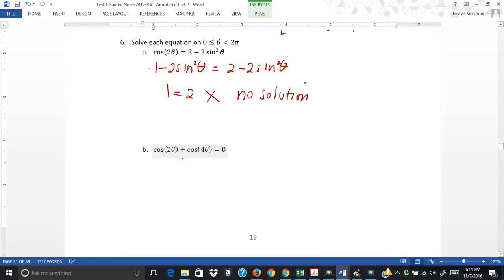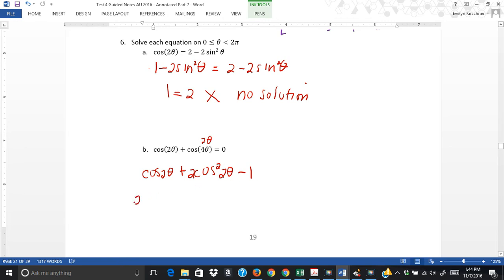Now let's look at this one. I have cosine 2 theta plus cosine 4 theta equals 0. Well, this is the same as cosine of 2 theta plus 2 cosine squared of 2 theta minus 1, right? Because this is the double of 2 theta, and it's also just 2 cosine squared of that minus 1.